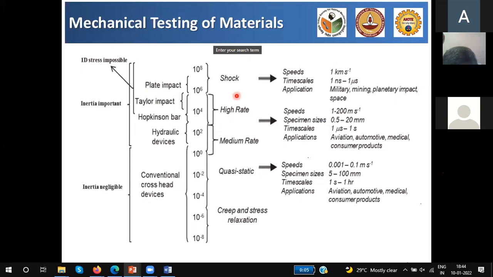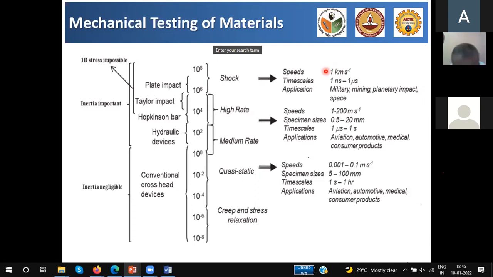So you can work with speeds of the order of 0.001 to about 0.1 meters per second, and specimen sizes of the order of 5 to 100, and also with time scales of the order of 1 second to about 1 hour. And so this is what we call quasi-static, and this is where we develop most of our machines, because our applications are mostly in this range.